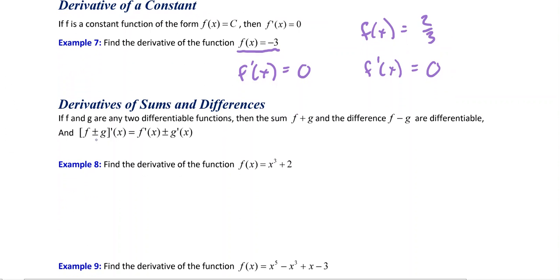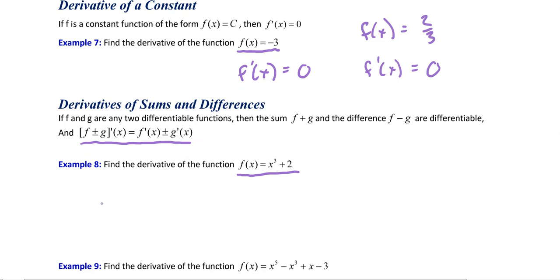Now, the derivatives of sums and differences. This just means what happens if you have 2 or more terms that are being added or subtracted. So let's just go right to example 8. Here we have 2 terms. X cubed is the first term and 2 is the second term. Well, what this rule, the sum and difference rule, tells us is that we simply find the derivative term by term.